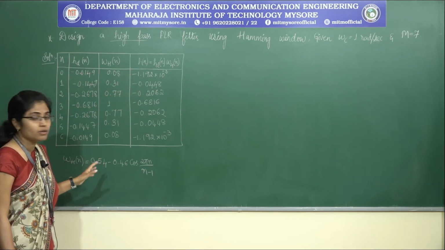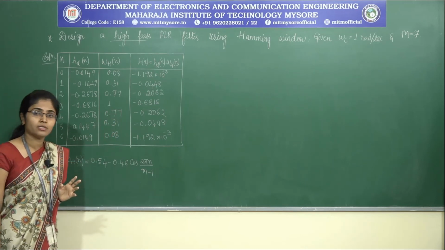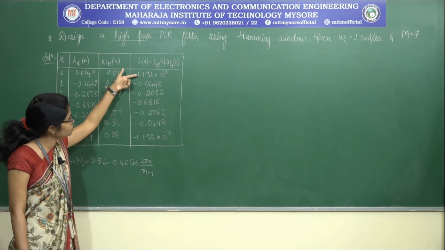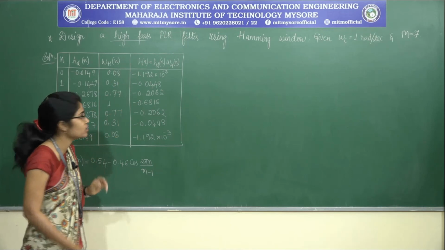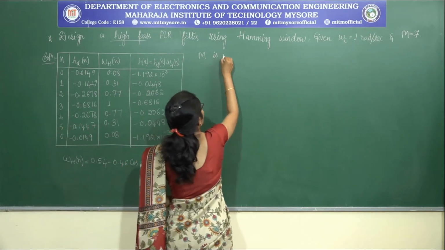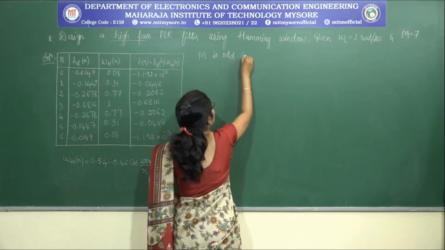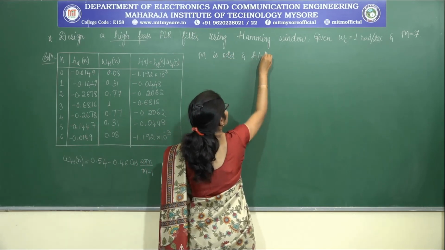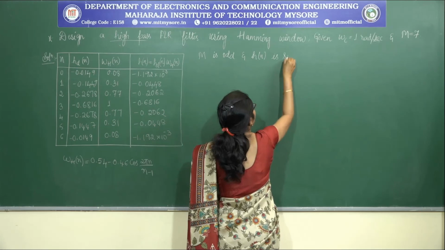Okay. So now we know the value of m, what they have given is odd, and looking into the values, h of n is symmetric. So the condition here is m is odd and h of n is symmetric.